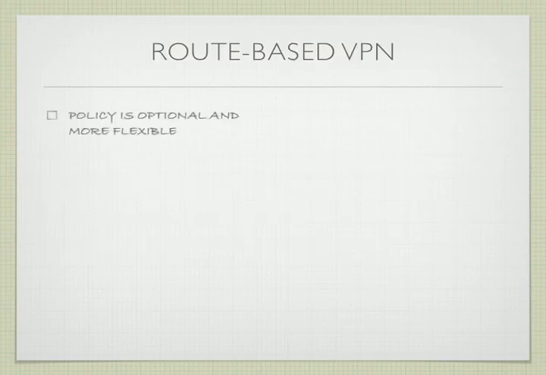A route-based VPN is optional. You can always use policy-based VPNs, and the route-based VPN is a way to create the connections independent from the VPN policy itself.